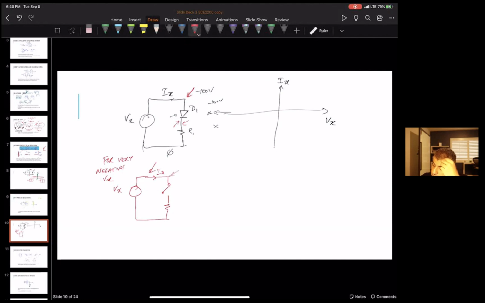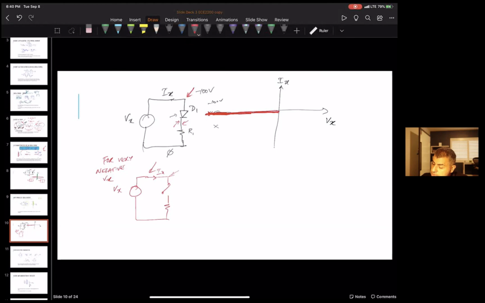If I just plot V sub X out here, what would the value of I sub X be? 0. Yep. So it'll be on this horizontal axis, and it'll stay 0 all the way until V sub X becomes 0 and then turns on.